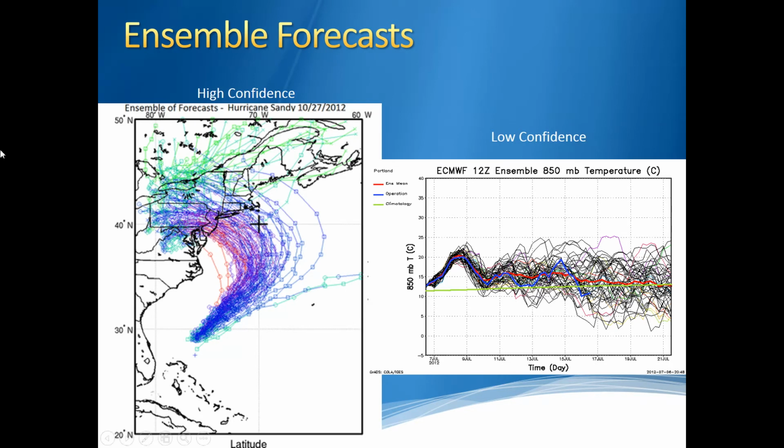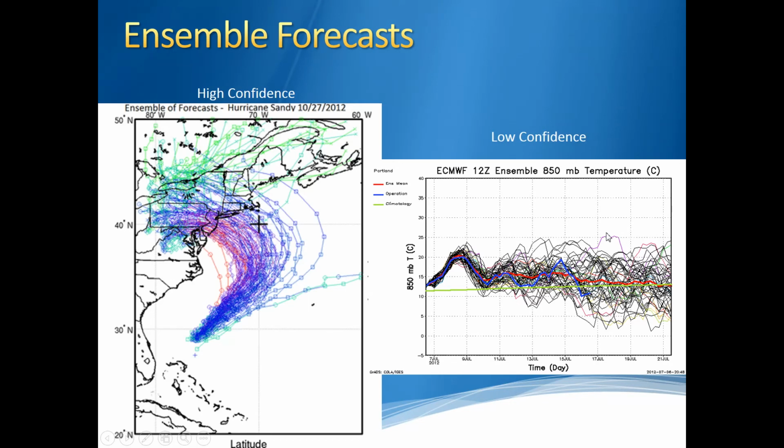On the other hand, here's another forecast, and this is for 850 millibar temperatures, and this was run by the ECMWF. And if you take a look, each one of these lines represents a different model run. All the model runs are very close to each other initially, but then as you begin to get out, you have model runs that are completely different in what they're saying.